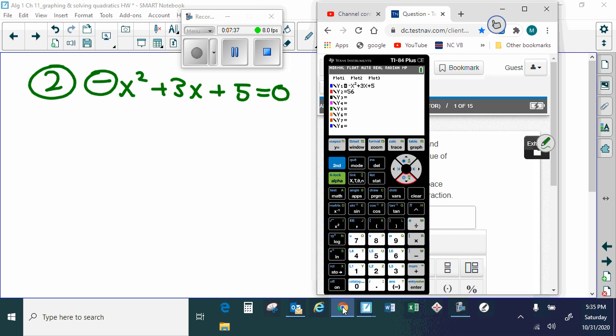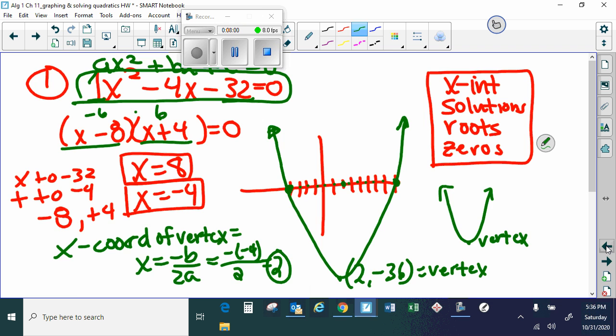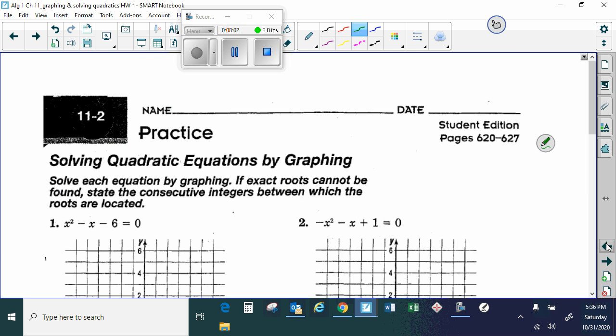All right, so now we can hit graph, and it graphs it there for us. Remember, we're trying to find these two spots where it crosses the x-axis. So how do I do that? Going back to the question itself on your assignment, it says if it's not exact roots, which ours aren't, find the consecutive integers between which the roots are located.